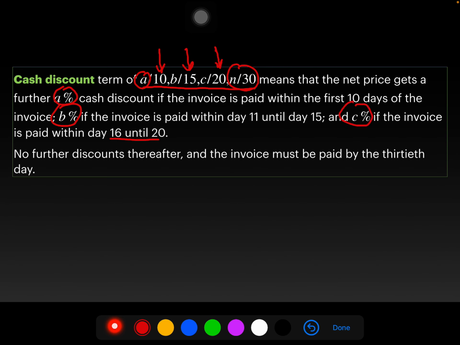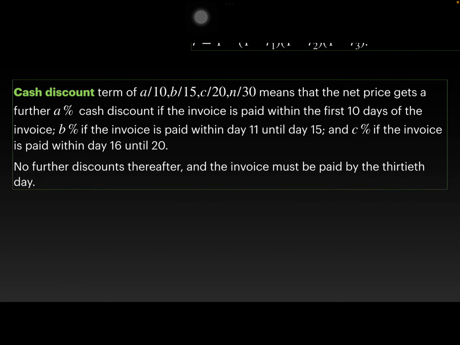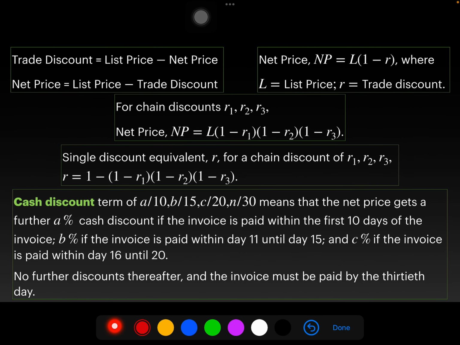After the 20th day, no additional discount is offered, and the invoice must be settled by day 30. Those are the formulas that we have in this chapter altogether.